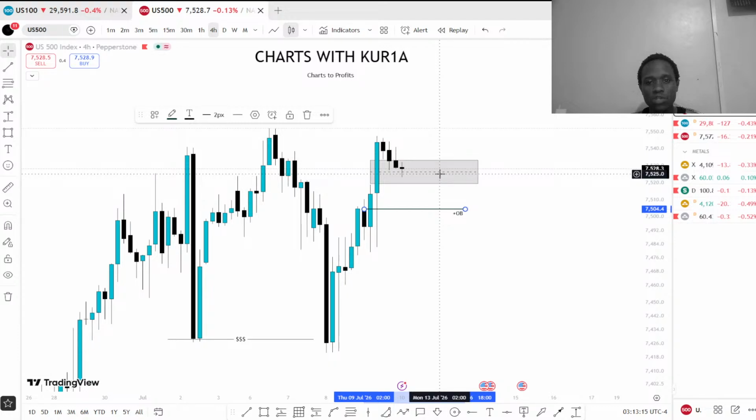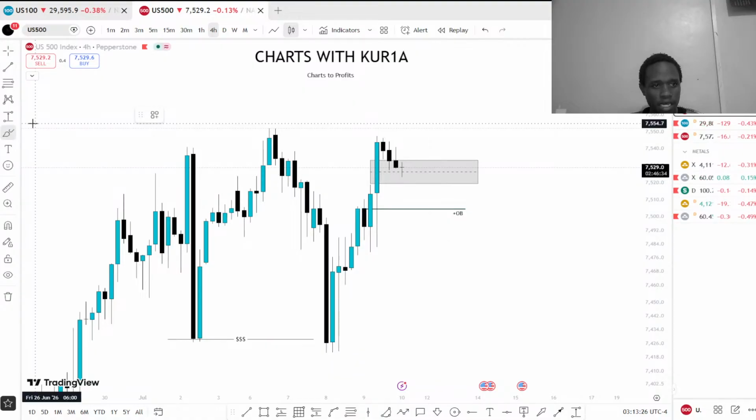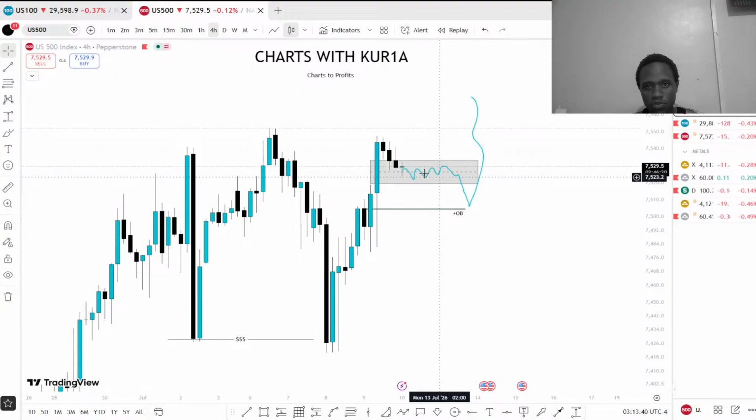What I'm trying to tell you is that I want to see something like this forming here. Then we can manipulate to the downside at 9:30, and then we get that displacement to the upside.